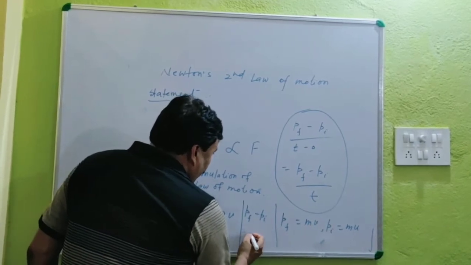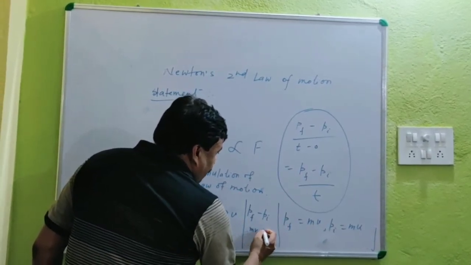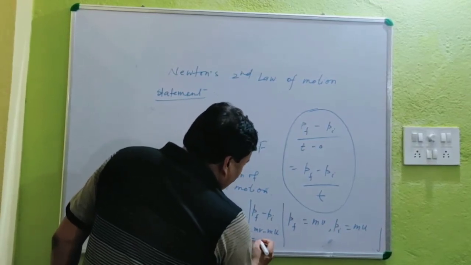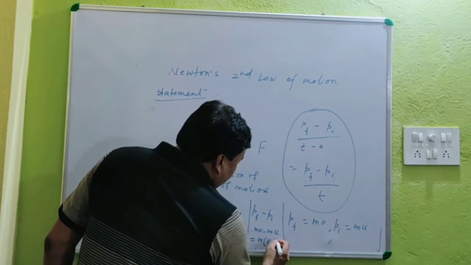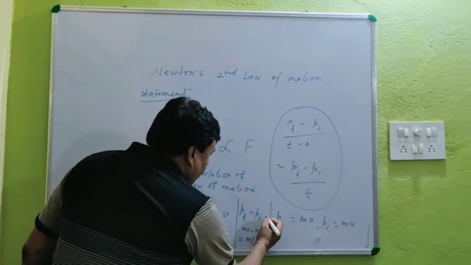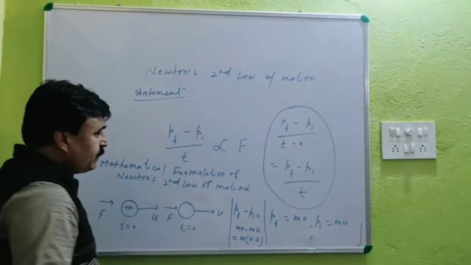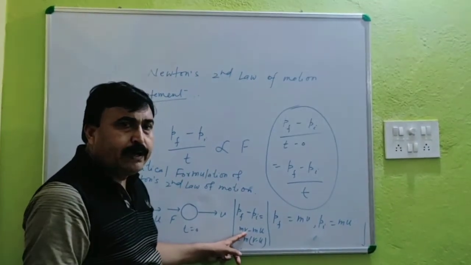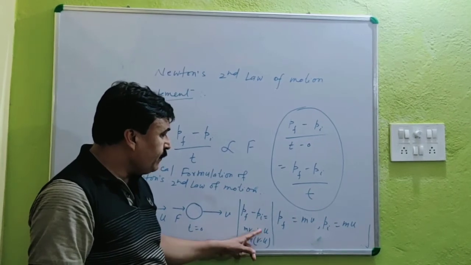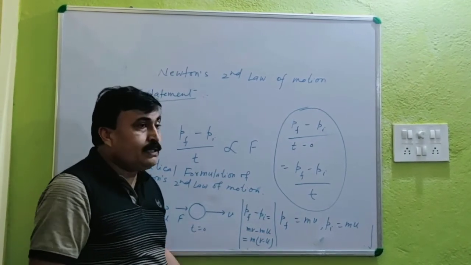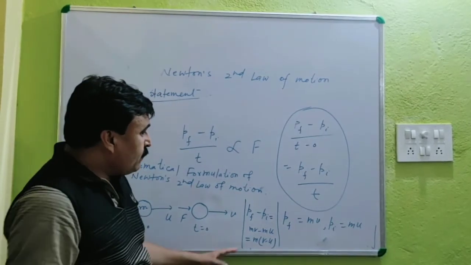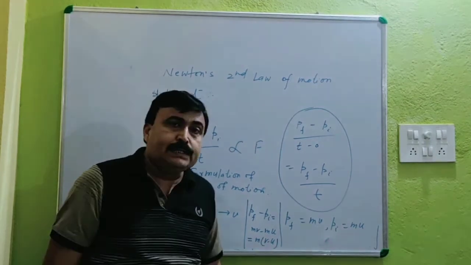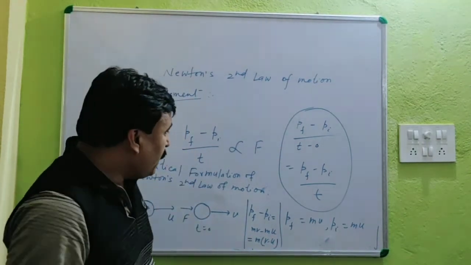Therefore the change in momentum is mv minus mu, which equals m(v minus u), since final momentum is mv and initial momentum is mu, and taking m common.